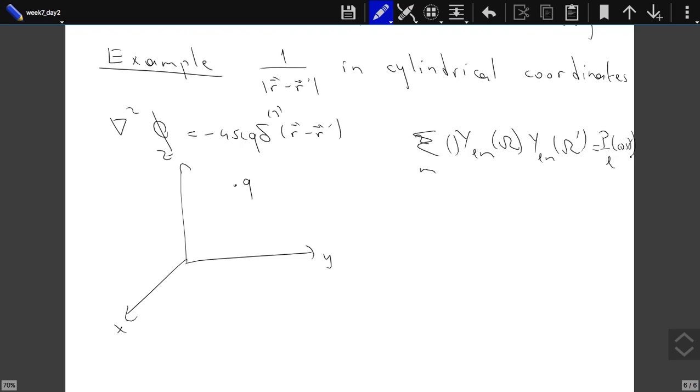So this is how we had derived the addition theorem for spherical harmonics using the uniqueness of the solution of the Poisson's equation. Now let's try to obtain a similar relation in cylindrical coordinates.